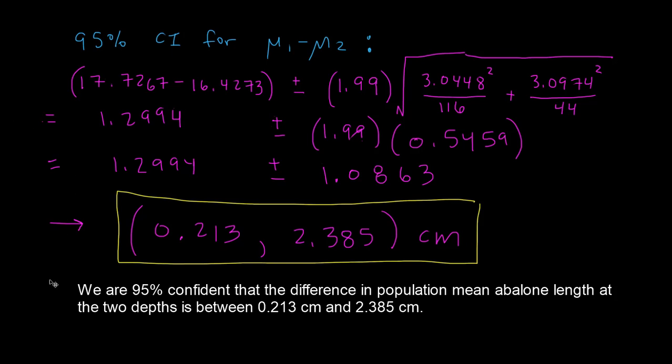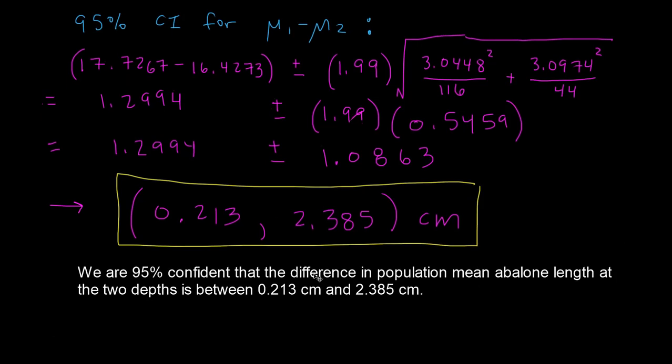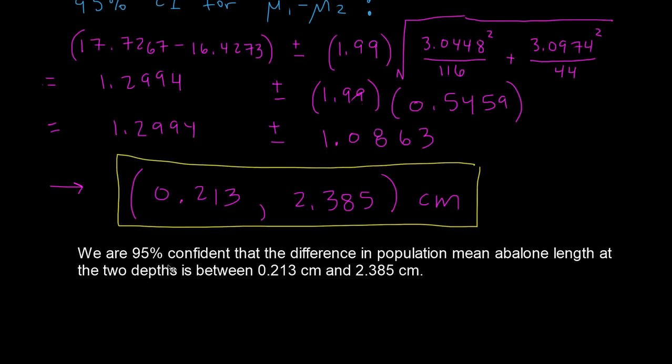So what does this imply about the two population means? We've got the population mean length at the 20-foot depth, and we've got the population mean length at the 50-foot depth. Notice that this confidence interval is sort of like a range of values, and both the lower bound and the upper bound are positive. So 0 is not contained in those two bounds.